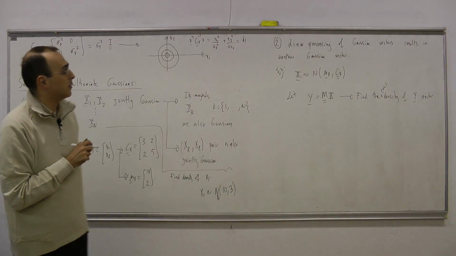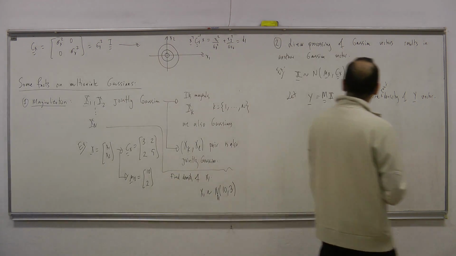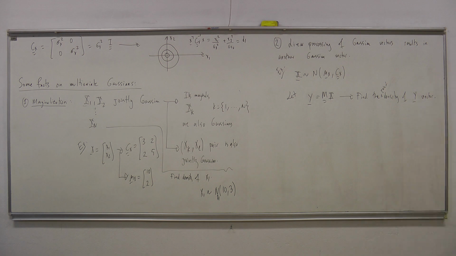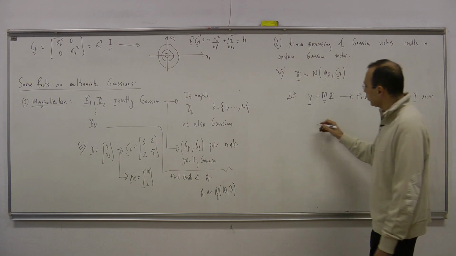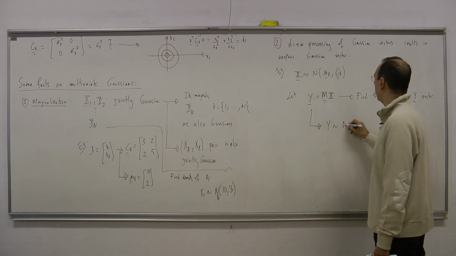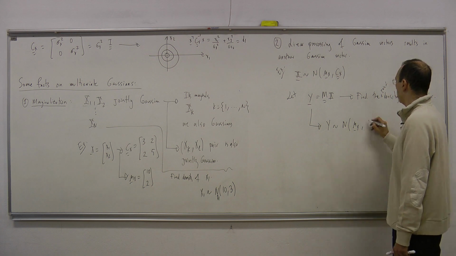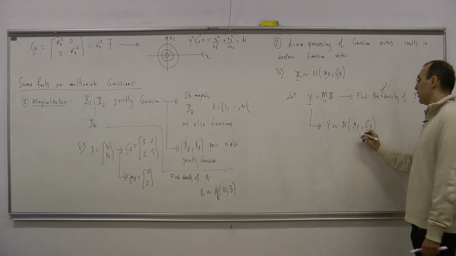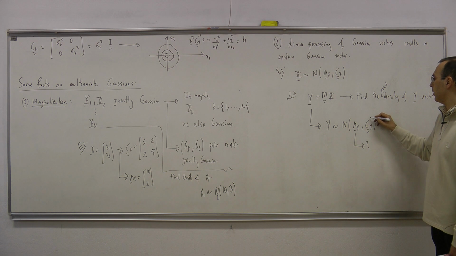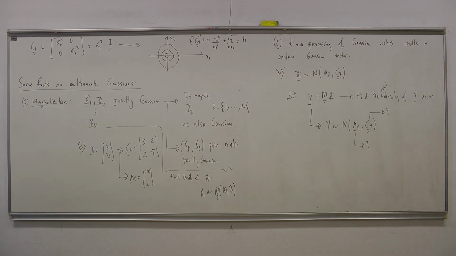So how can I find that? Well, let's accept that as it is: linear processing of Gaussian vectors results in another Gaussian vector. So now I know that y is a Gaussian vector, but I don't know the mean vector and the covariance matrix after this transformation. How can I find them?